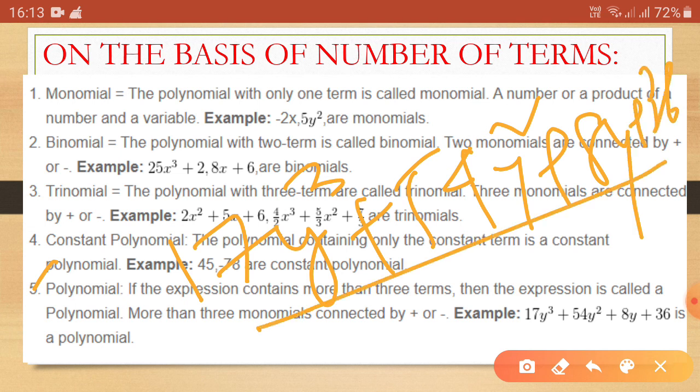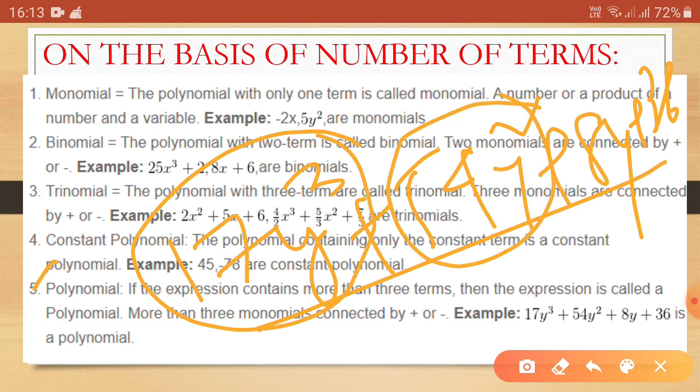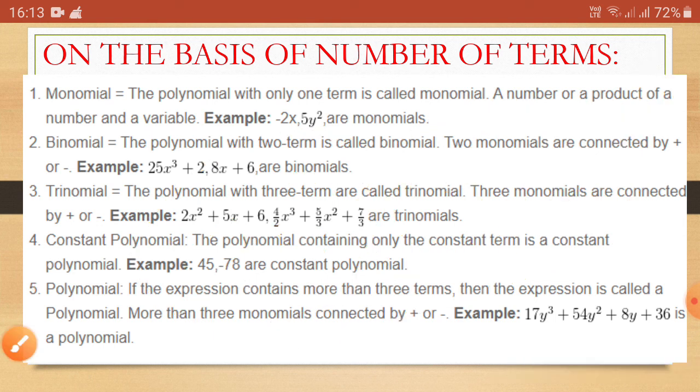Okay, so this is an expression. Here in this expression it contains more than three terms. Here is the first term 17y cube, next term is 54y square, next term is 8y, and the last term is 36. So the expression is known as the polynomial when it has more than 3 terms. Okay, I think it is clear. Okay, go to the next slide.